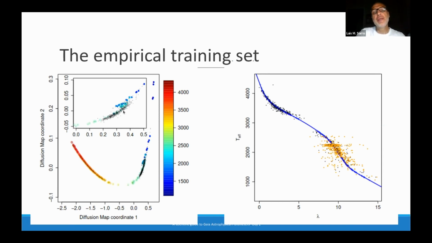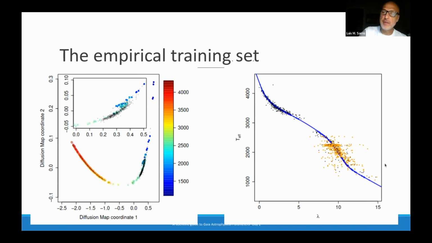Okay, so what we did was we used the templates to calibrate temperature along this curve. Remember, the circles are the templates. We can use the templates to attach an effective temperature to each point along the curve. This is what you see in the rightmost panel. The black dots are the templates here, and the orange squares are the Gaia ultra-cooled dwarf sample, but not the templates, the rest of UCDs.